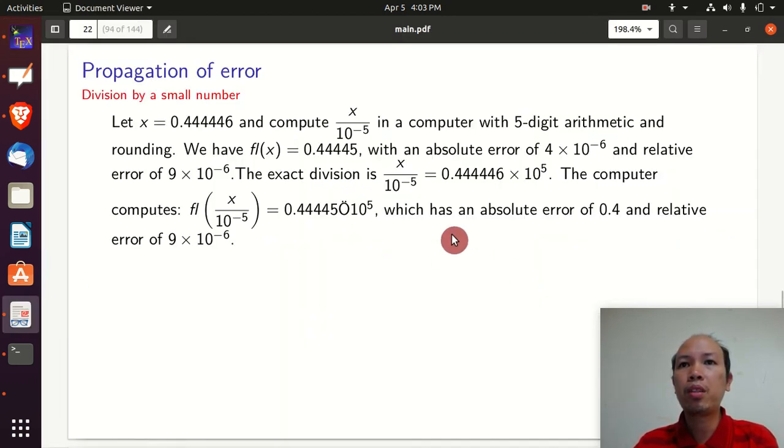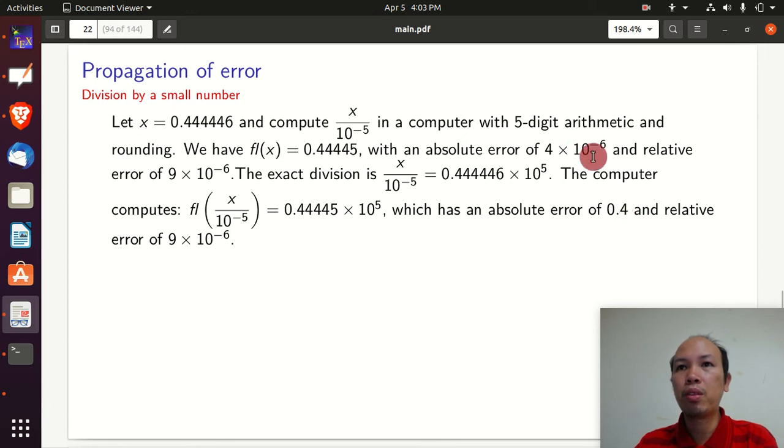Okay, the computer computes the floating point of this number to be equal to this one, 0.4445 times 10 to the 5, which has an absolute error of 0.4 compared to this one, and the relative error is 9 times 10 to the negative 6, which is the same.